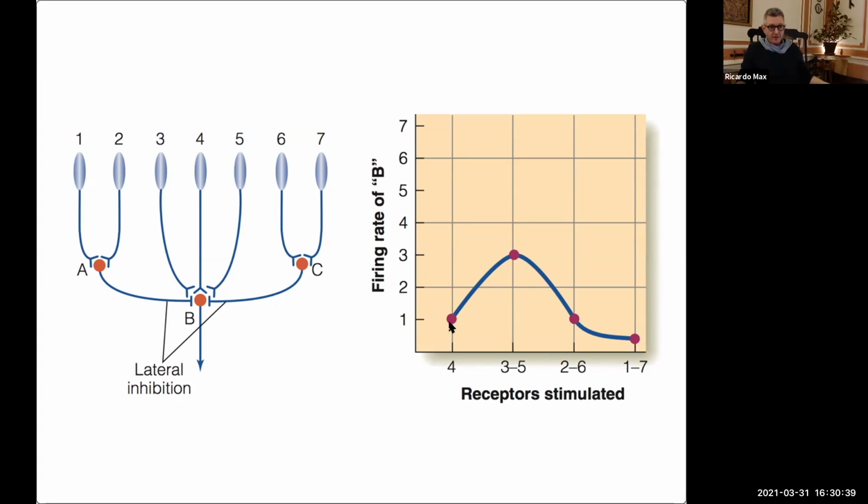But as we can see here, if it falls only on 4, we have a certain level of increased firing rate, which is identical to the firing rate if light falls on 2 and 6, which are outside. These are receptors outside the receptive field of that cell.